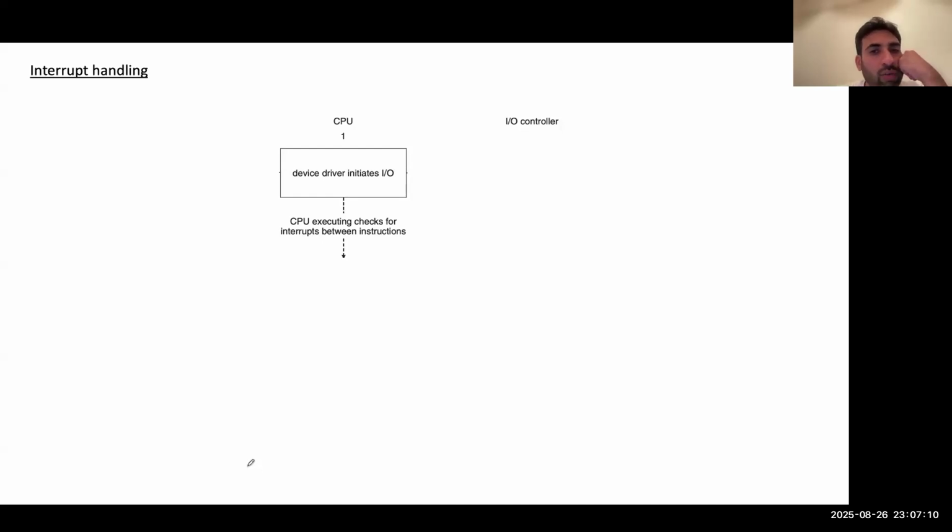So the device driver first initiates an IO, just like in the previous example. It says okay, read a byte of data, and after initiating the IO request, what does the CPU do? The CPU checks for interrupts between instructions.